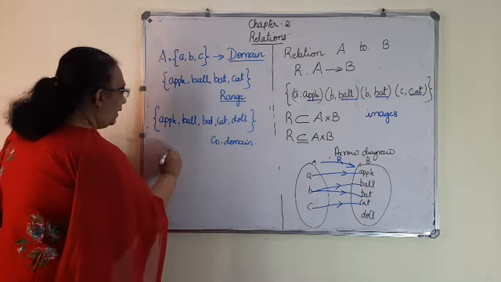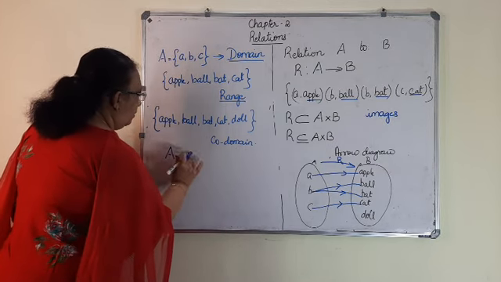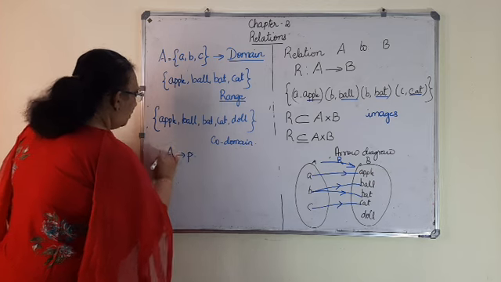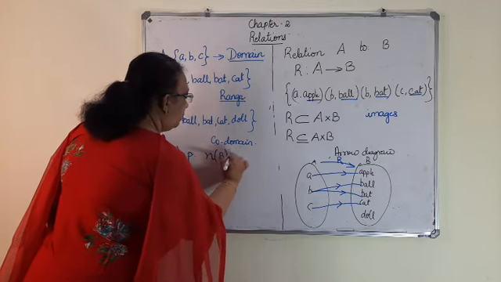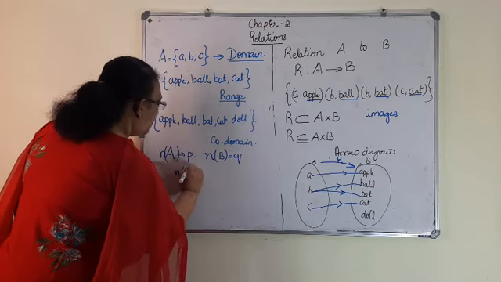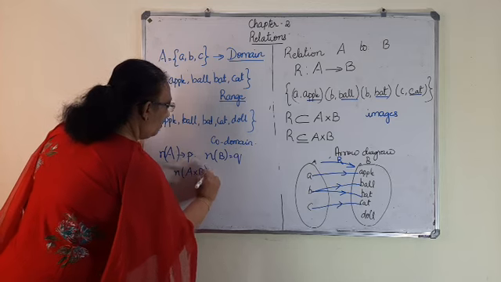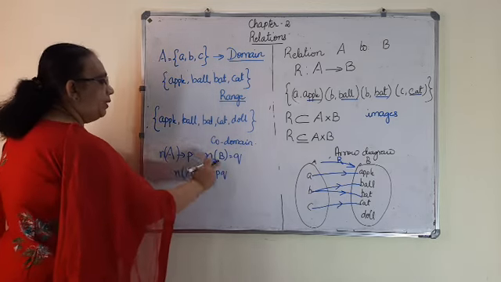Suppose a set A has P elements, that is n(A) = P, and the number of elements in B is n(B) = Q. Then the number of elements in A cross B is P into Q, that is n(A) into n(B).